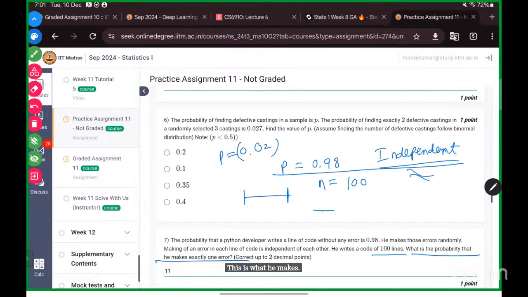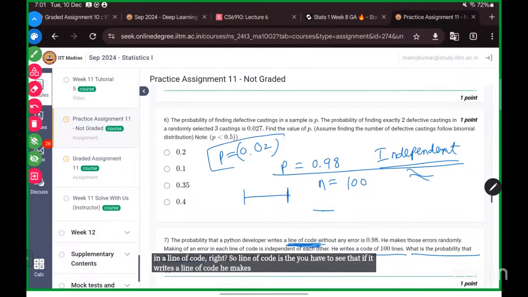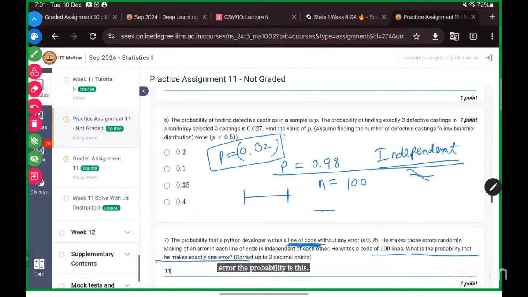And if he keeps on going in a line of code, you have to see that if he writes a line of code, the probability of making an error is this. If he writes 100 lines, then you can maybe see 0.02 into 100, which could be the number of mistakes he can make in 100 lines of code.